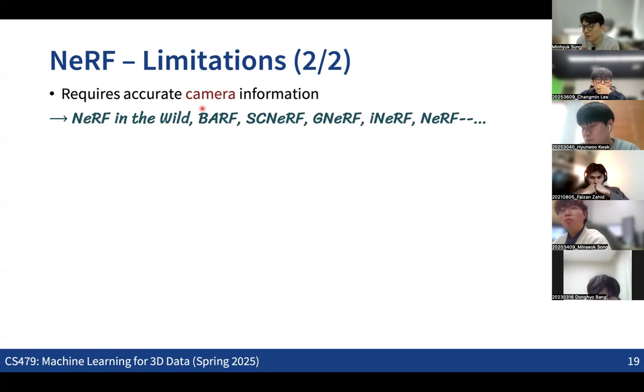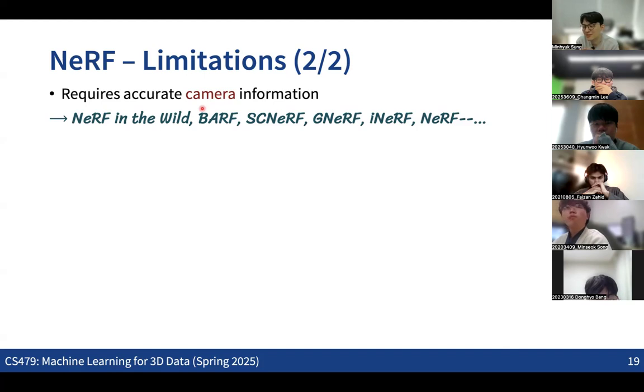Otherwise, we won't be able to get any good quality output. So getting accurate camera information is the first part. And there is some following work that is trying to do reconstruction even when there is noise in the camera information.